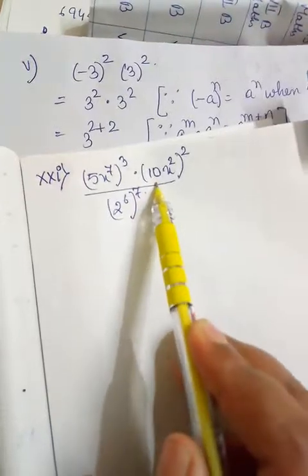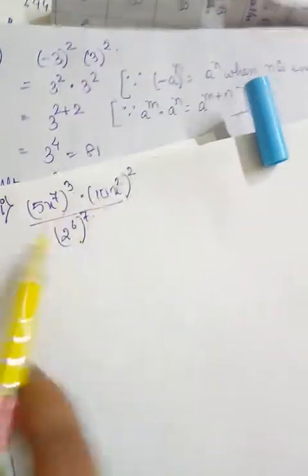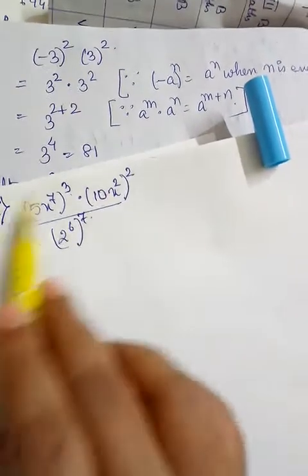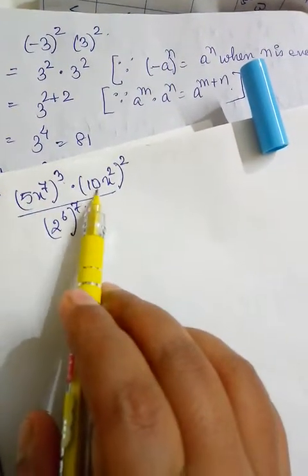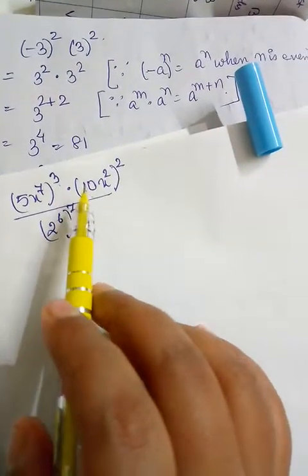Now whenever you are having these type of questions, like we can see that 10 can be expressed in the factors of 5 and 2. So first we will express these numbers. Whenever you are having any number and you see that it is actually a product of any other two numbers, we will express that number in terms of the other two numbers.